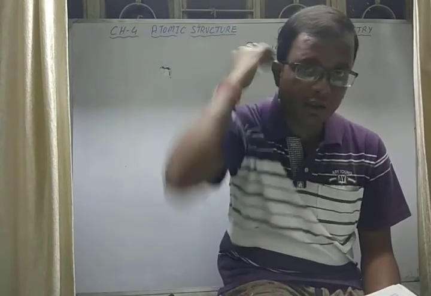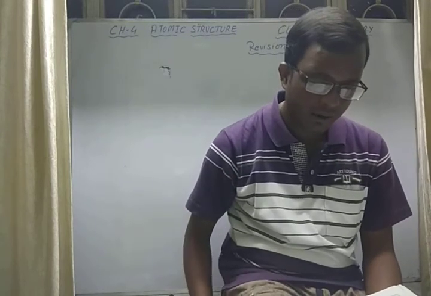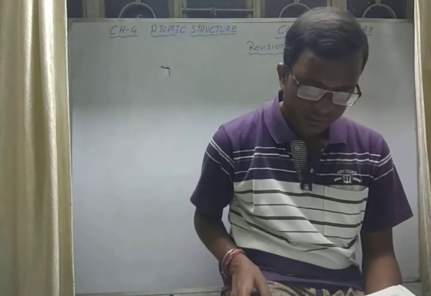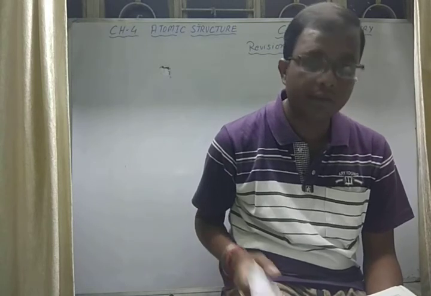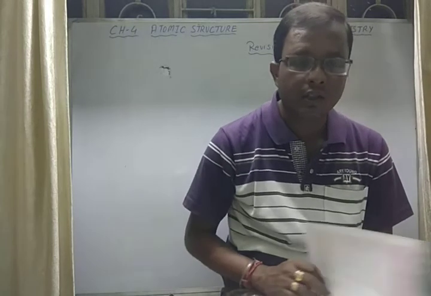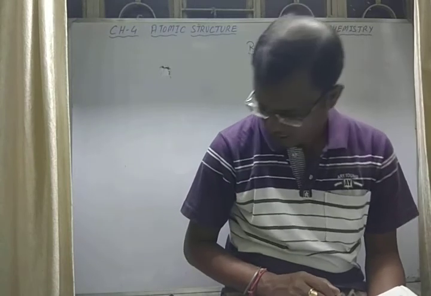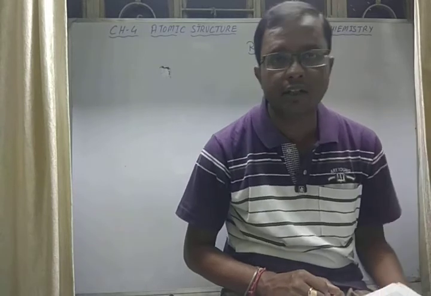Next, valency. What is valency? You have already studied it. Valency is the combining capacity of an atom of an element, when its atom can accept, donate or share electrons. So valency you have to learn. You can also find valency from the electronic configuration. The number of electrons in the valence shell are called valence electrons, and if the valence electrons are 1, 2 or 3, it is directly taken as the valency.